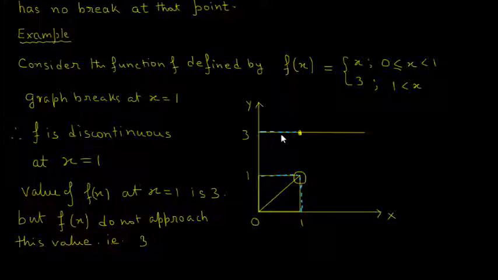You can see the blue lines here. So the graph is broken on the left side of this point, because f(x) doesn't approach 3. So this is continuity.